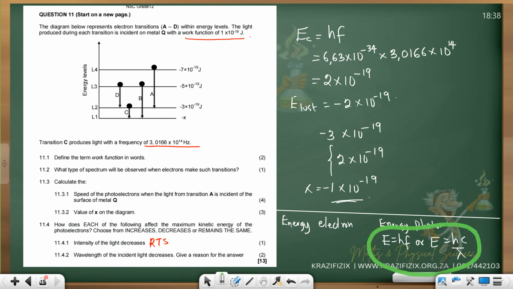So the things that will affect energy would be frequency and wavelength. What's the relationship between energy and wavelength? If the wavelength decreases, what happens? The energy will increase. So give a reason. We have already explained. They are inversely proportional. Are we okay?